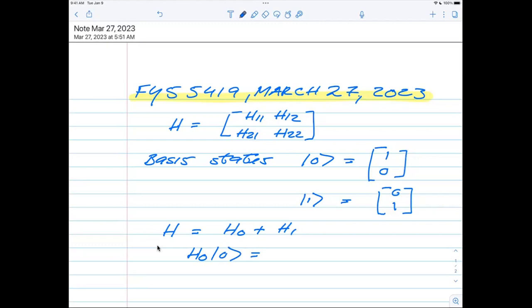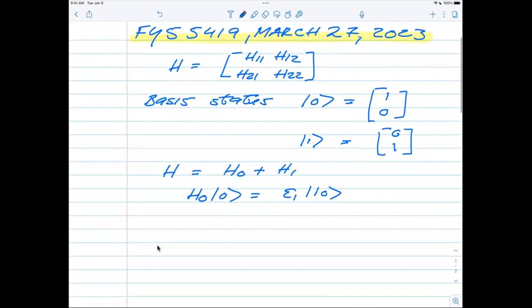H0 acting on 0 gives us an eigenvalue epsilon 0 multiplied with this 0. And then I have H0 acting on the state 1. That gives us an eigenvalue epsilon 1, and then we have the state 1 here.